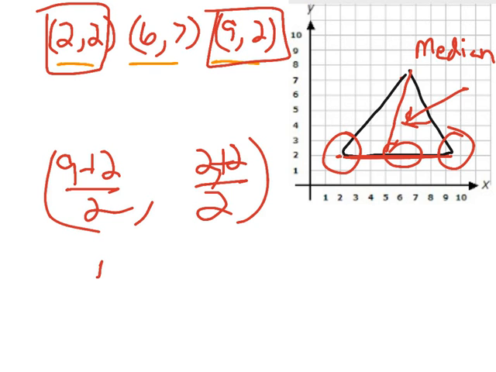Over here I get 11 over 2 and 4 over 2, which ends up being 2. So that point of intersection for the median is (11/2, 2). Without knowing the definition of a median, you wouldn't be able to do this problem. So it's all about understanding the terms, symbols, and ideas of geometry and then using a coordinate grid to solve those problems.